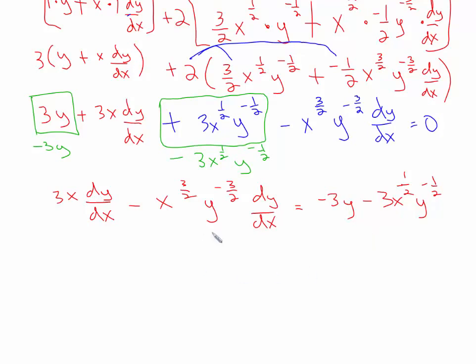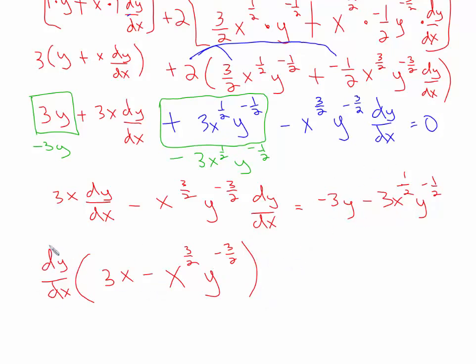Okay, and then our last step, pretty much, we factor dy dx out from these two terms. So we end up with 3x minus x to the 3/2 y to the negative 3/2. Okay, and then it equals this.